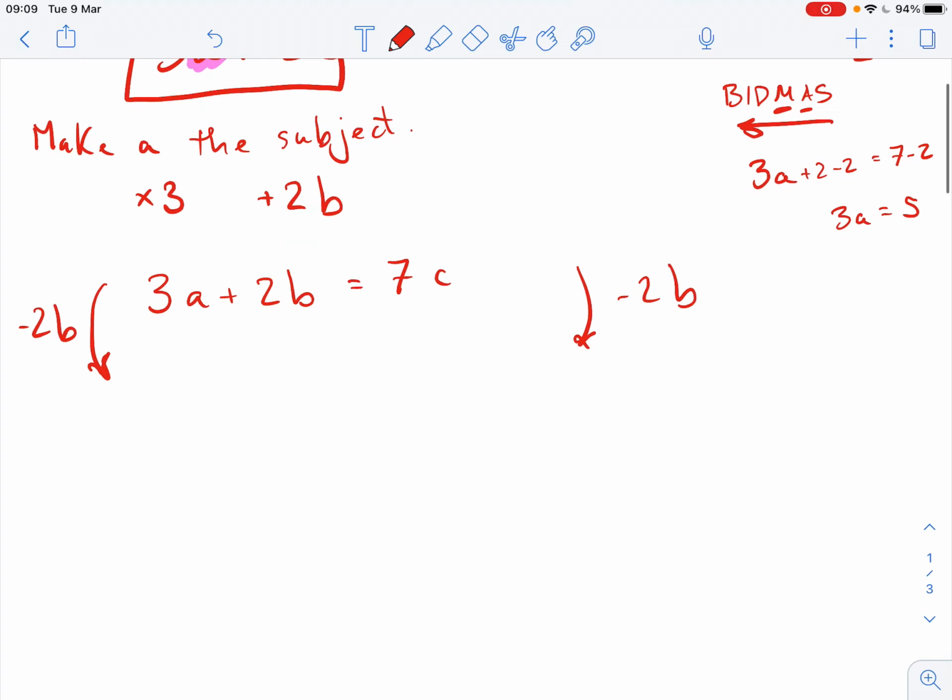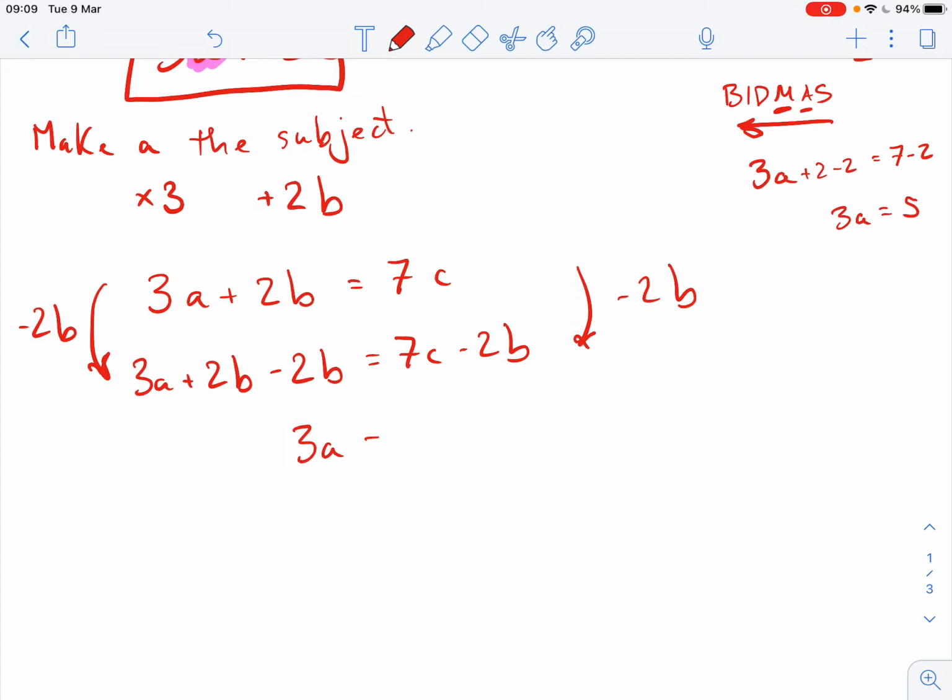Now, if you want, you can literally write this in. Remember what you start off with, 3a plus 2b minus 2b equals 7c minus 2b. So we've got everything we started off with, minus 2b, and everything we started off with, minus 2b. And what will happen is this should cancel out to undo this adding of 2b.